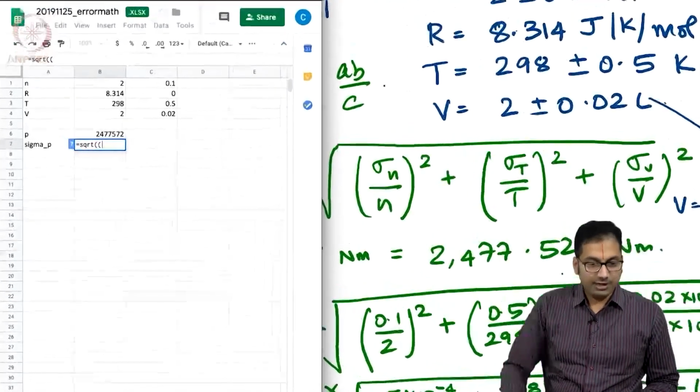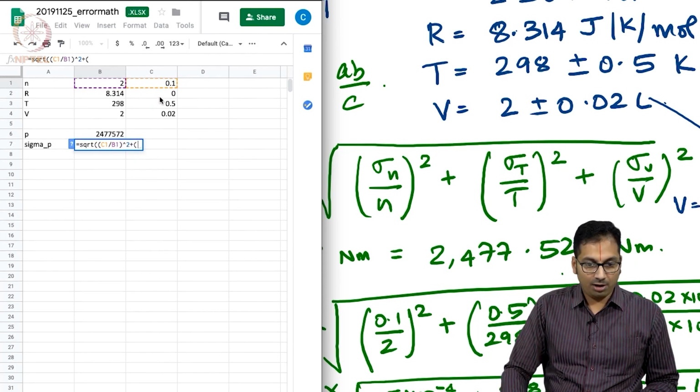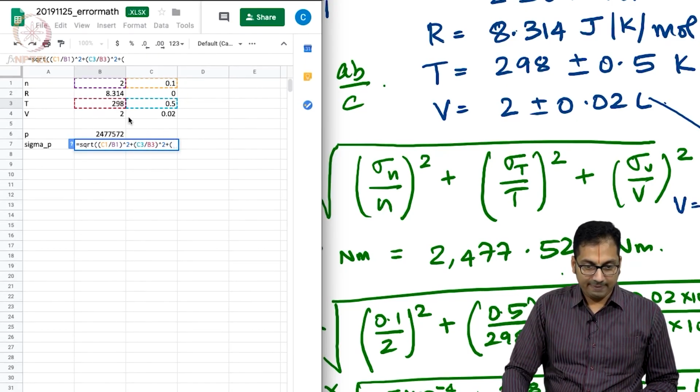So in this case, what is going to happen? This is going to be the deviation on N divided by the actual value, squared, plus the deviation on R, which is going to be 0, so we are not going to put that in, squared, plus the deviation on V.